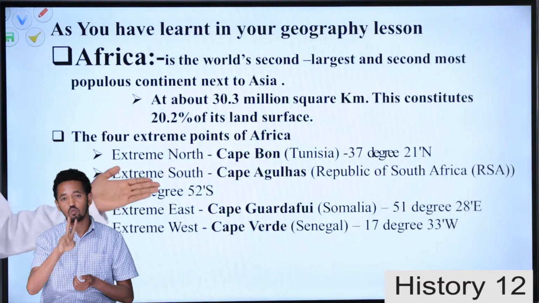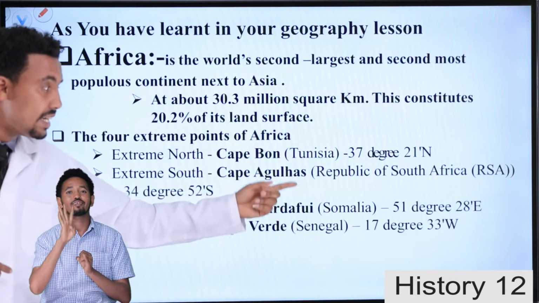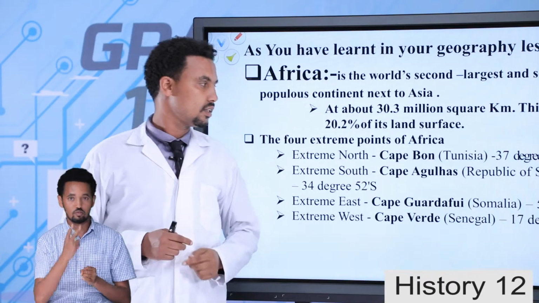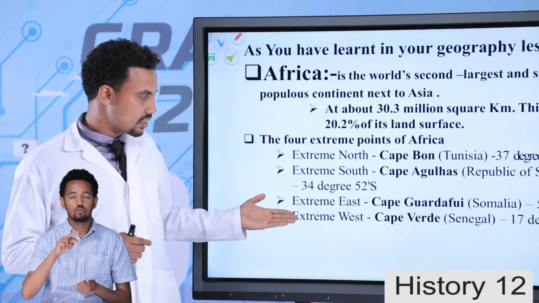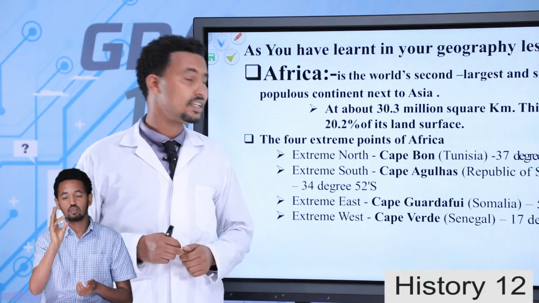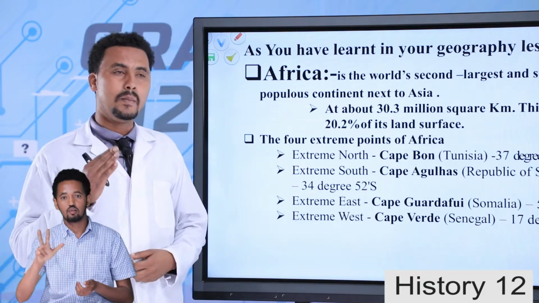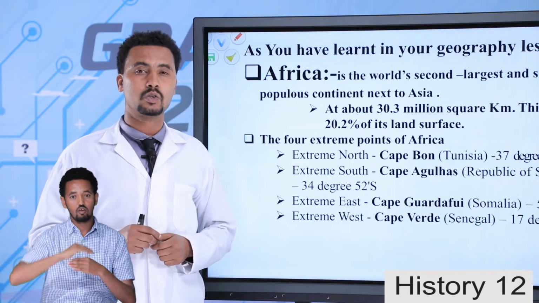In the east, Cape Guardafui, Somalia, about 51 degrees and 28 minutes east. In the west, Cape Verde, Senegal, 17 degrees and 33 minutes west. It covers the continent of Africa.